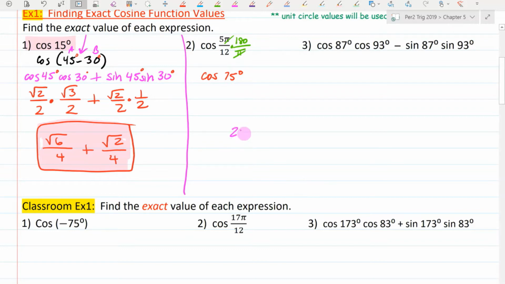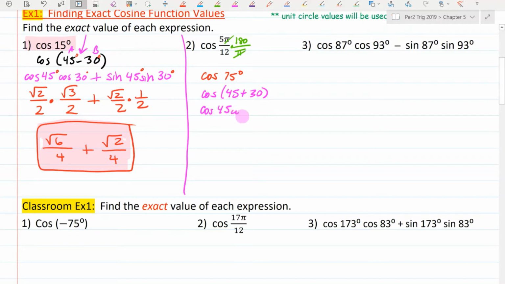I don't want to do 210 minus 135, although you could, that's 75, but it's just easier to do 45 plus 30. We just did 45 minus 30, so this one should be similar.